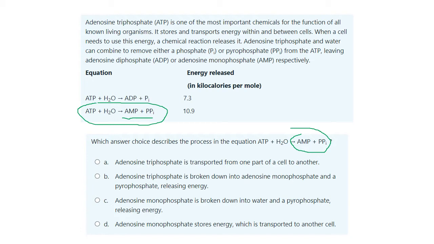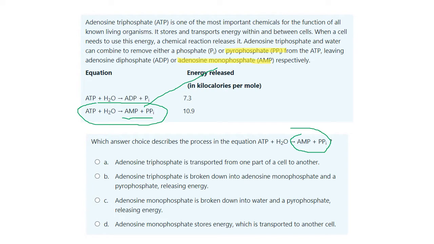Adenosine triphosphate and water can combine to remove either a single phosphate or pyrophosphate, which is 2 P's, from the ATP, leaving either adenosine diphosphate or adenosine monophosphate. Well, we have monophosphate here. We can see that. So what has happened in this? We have removed pyrophosphate and we have been left with adenosine monophosphate.